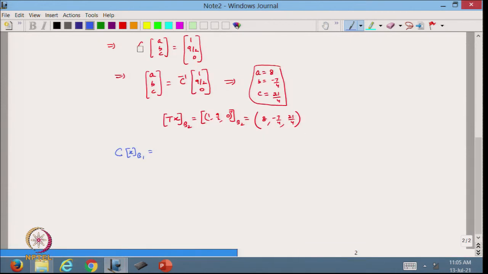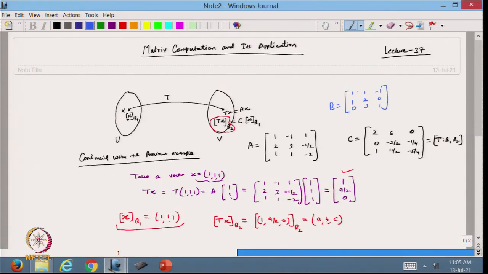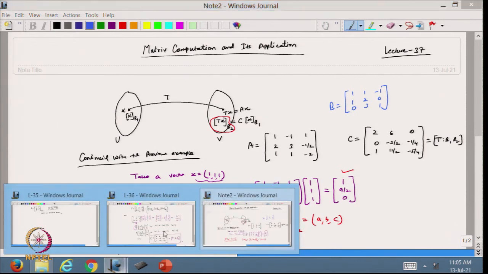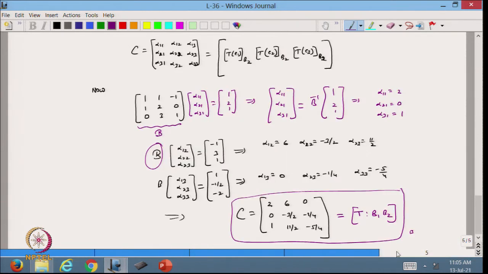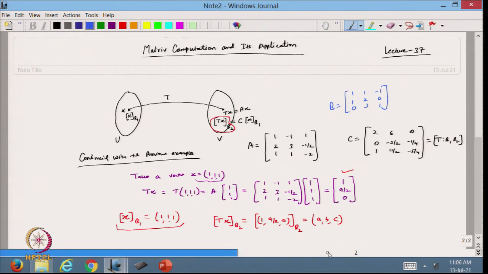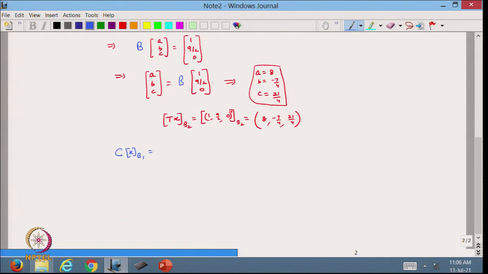We are not writing C here, it is B, the basis matrix, that we have taken. So, B is the basis that is made up of B2, as we have already seen that I have taken the basis B2, and from B2 I made this matrix B. Based on this B we are able to write this form, and from here it is my B inverse.